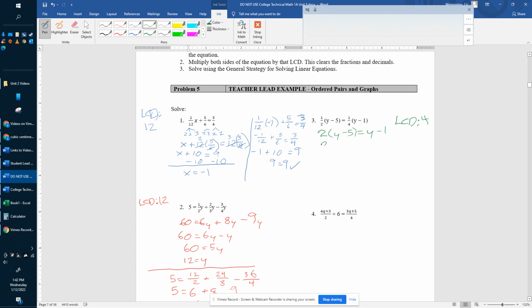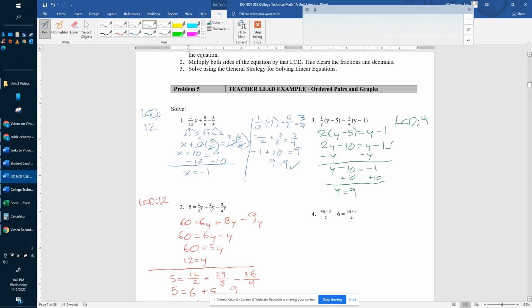Let's distribute this out. Get all of our y's on one side. Get our constants on the other side. And we get y equals 9. Let's see if that works out.